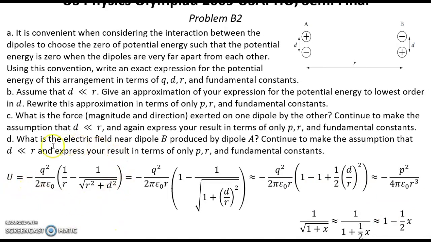This is our original expression. We can represent it like this one. Take 1 over r out of this scope. And now use this formula to represent this approximation. So finally we have this expression. Negative p squared over 4 pi epsilon 0 r cubed.